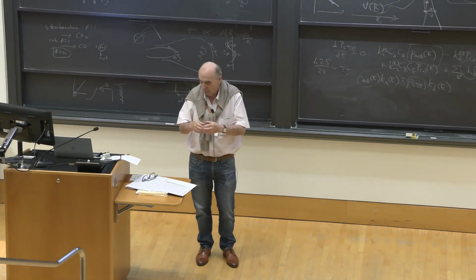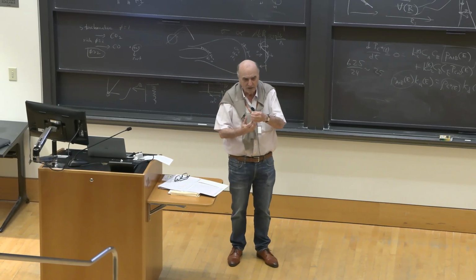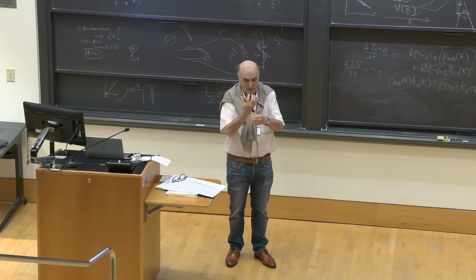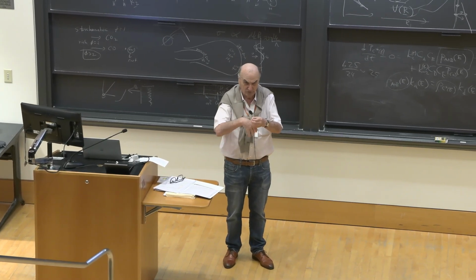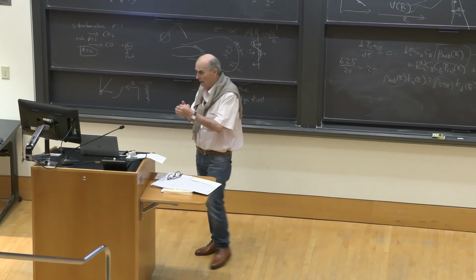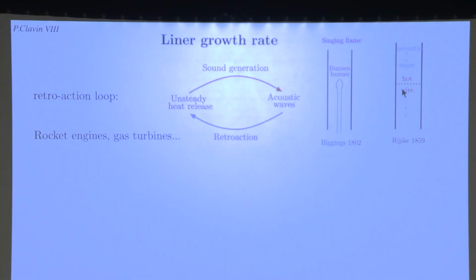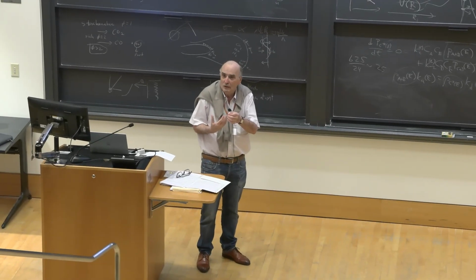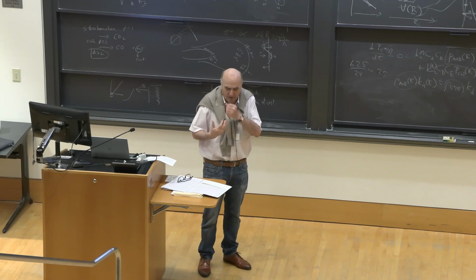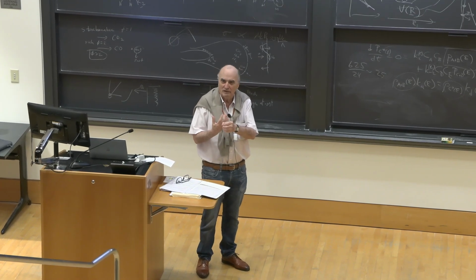And then you notice the following: if there is a flow crossing this wire on one side or the other, you have an exchange of heat because the flow is cold and the wire is hot.